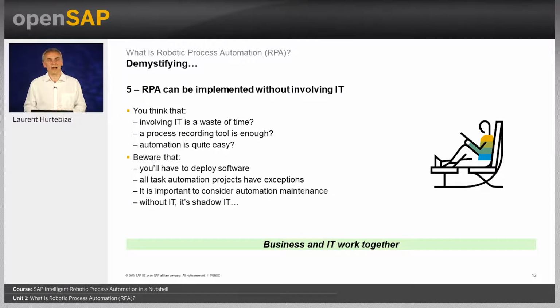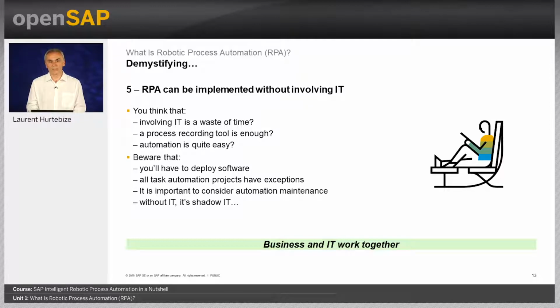Number 5, RPA can be implemented without involving IT. Ouch. IT appears to be essential to use all the applications, but at the same time, the business often says that there is a waste of time involving IT. In addition, some vendors highlight recording and script generation functions that are very easy to understand and use to perform all the automation tasks.